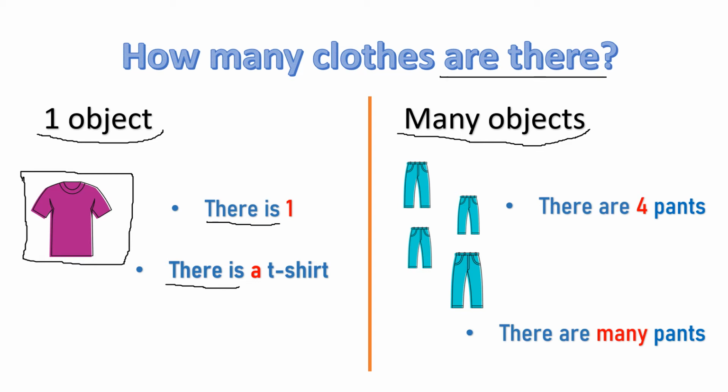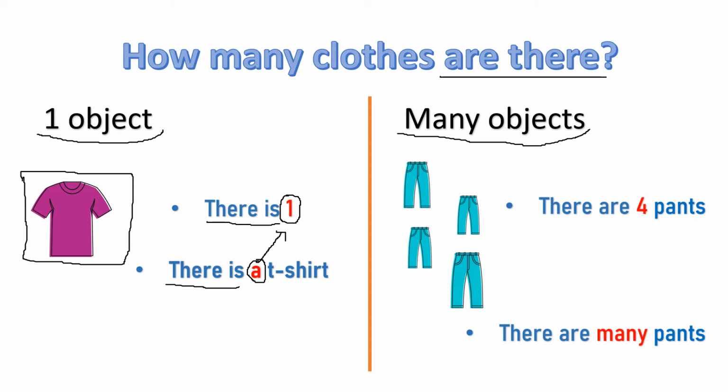There is one, hay una, o there is a t-shirt, hay una camiseta. The word a is similar to the number 1. A is 1. A quiere decir uno o una.